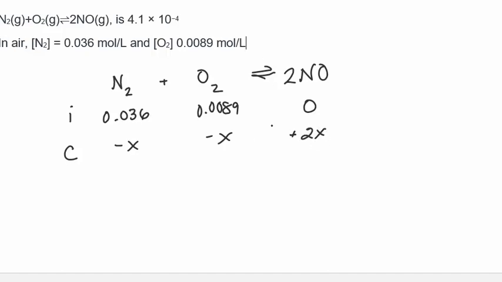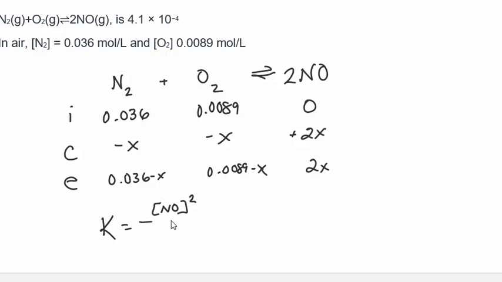So at equilibrium, I have 0.036 minus X for my N2. I have 0.0089 minus X for my O2, and my NO is going to be 2X. So now I need to set up my K expression, and I have the concentration of my product squared divided by the concentration of my reactants, and that's the product of my reactants.